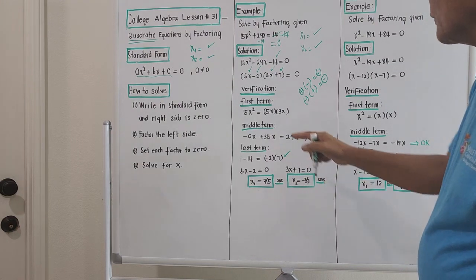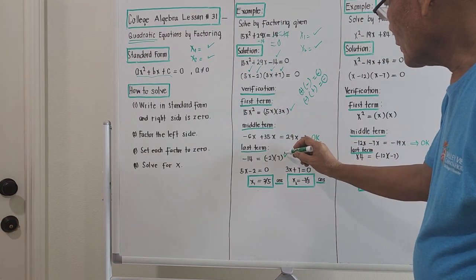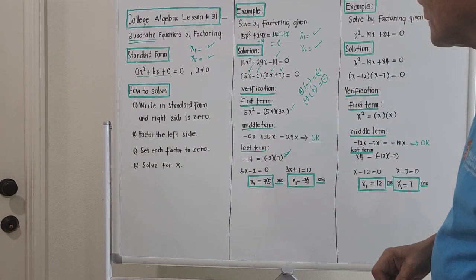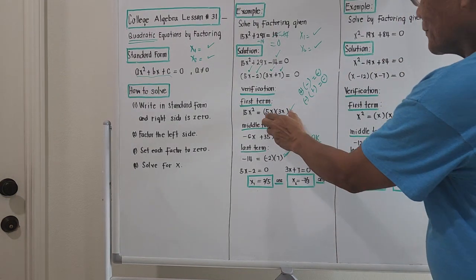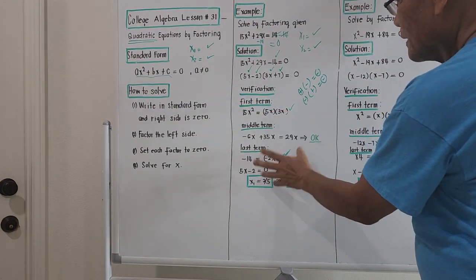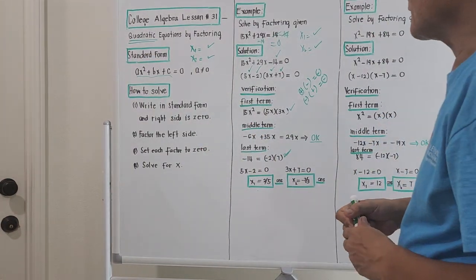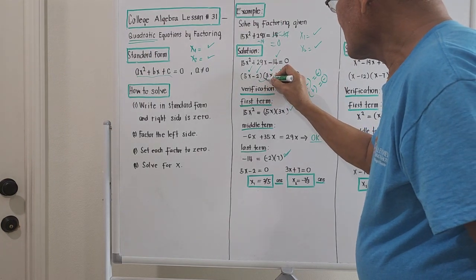We are now correct with the first term. We are now correct with the last term. So let's try to verify the middle term. Let's see if this combination will give us the correct middle term.